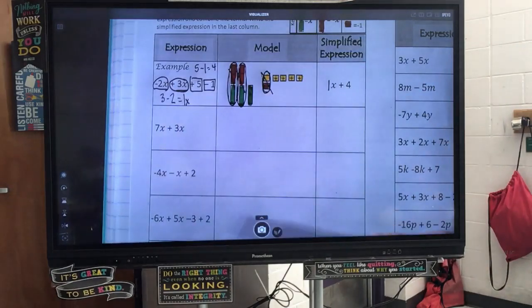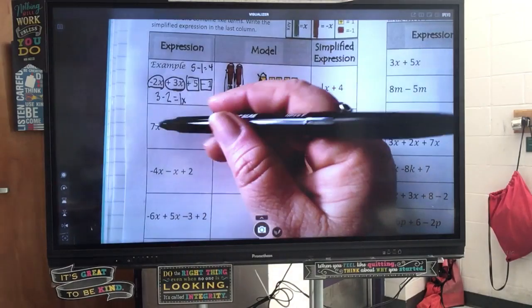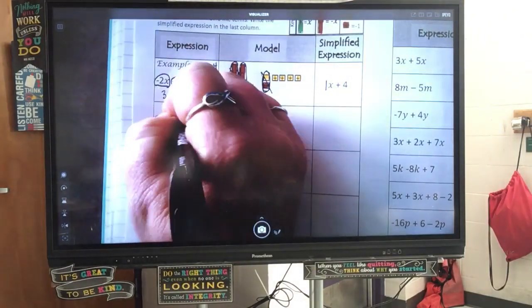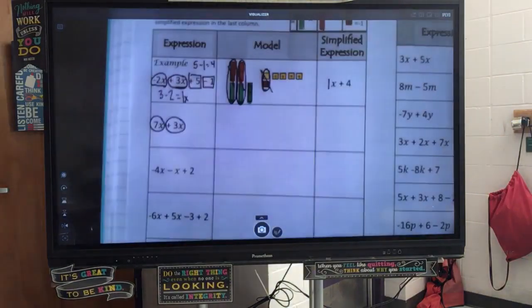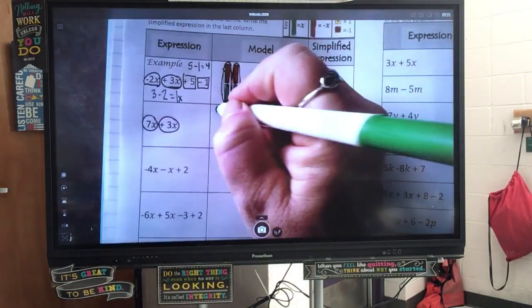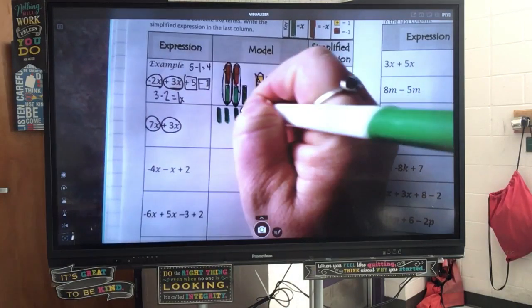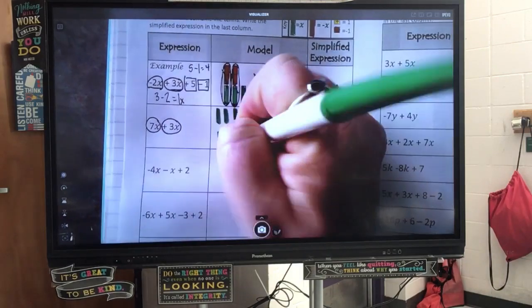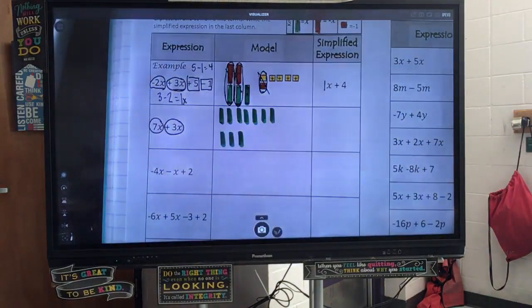There's no subtraction. Can we combine 7x plus 3x? Yes, we can. Why can we combine those two? The variable is the same. So I'm going to have 1, 2, 3, 4, 5, 6, 7, plus 1, 2, 3. And why are they all green?